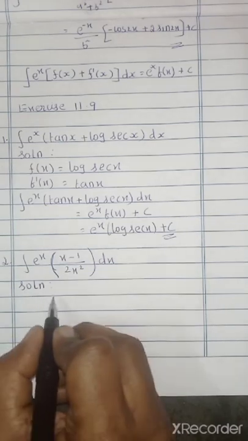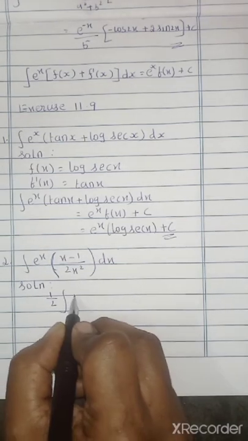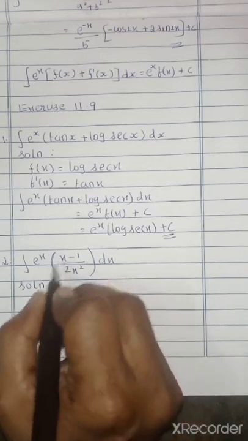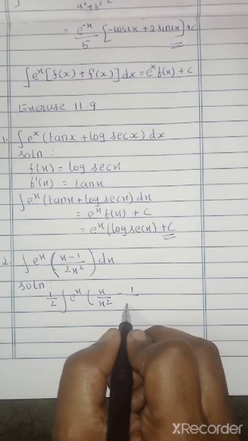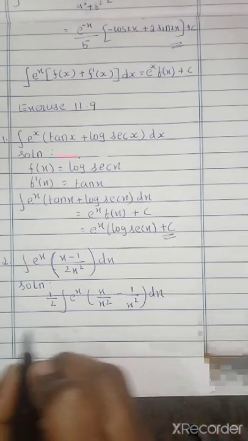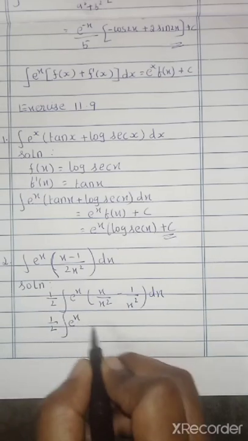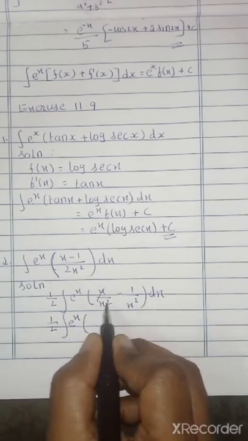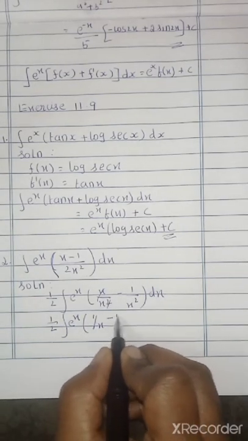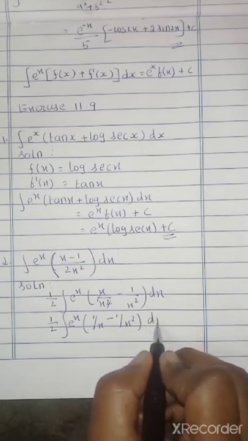You can rewrite this question as 1 by 2 integral e power x into x by x square minus 1 by x square, splitting the function, dx. That is 1 by 2 integral e power x into, x and x square will get cancelled, so 1 by x minus 1 by x square into dx.